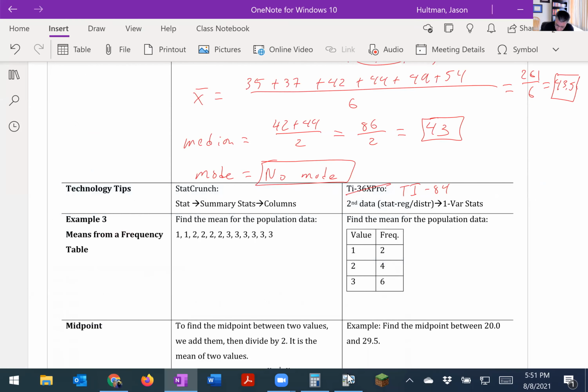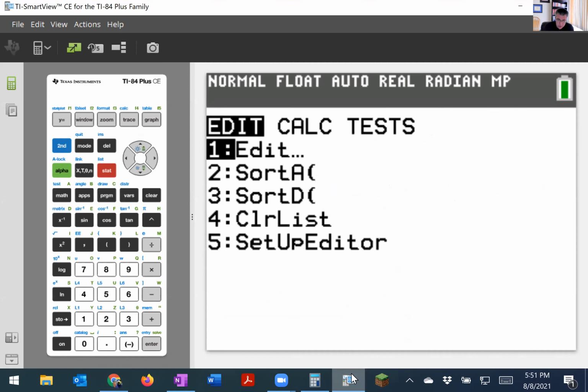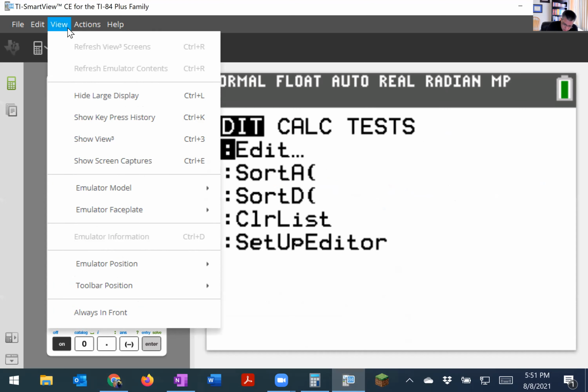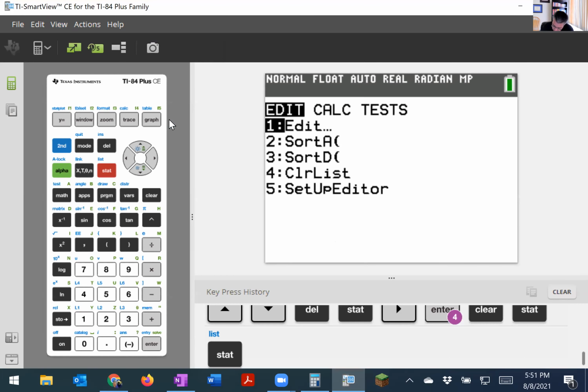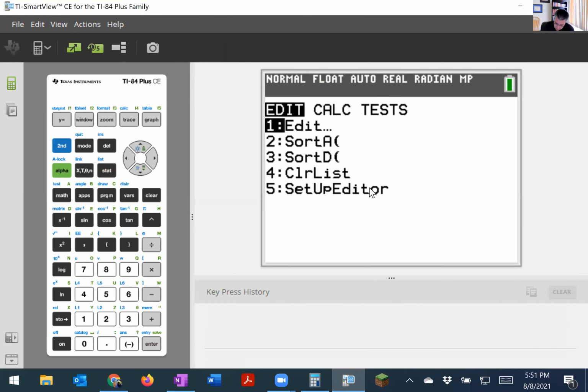How do we do this on the calculator? Well, here's my calculator. In order to get to this screen, I hit stats. Okay, I'm going to clear this real quick.